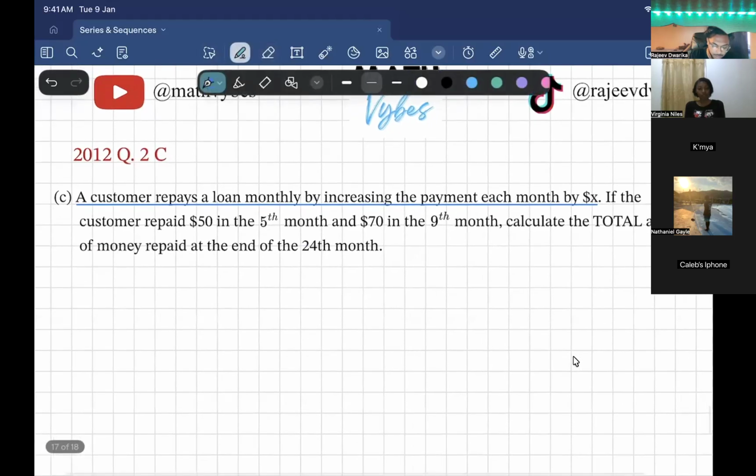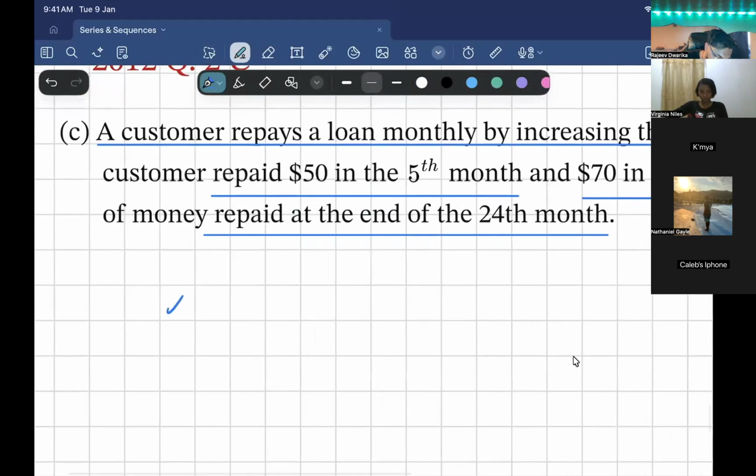If the customer repaid $50 in the fifth month, let's keep that in mind, and $70 in the ninth month, calculate the total amount of money repaid at the end of the 24th month. Okay, so when you read the question, let me make a little checklist. We know it's an AP. If it's an AP, what formulas am I thinking to use here?